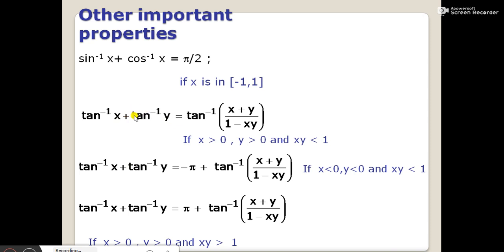And if we replace tangent inverse y with tangent inverse x, it means tangent inverse x plus tangent inverse x, we get tangent inverse x plus x upon 1 minus x into x. We get the formula for 2 tangent inverse x: 2 tangent inverse x is equal to tangent inverse 2x upon 1 minus x square. Some more formulas are given in your book, you can see from there.